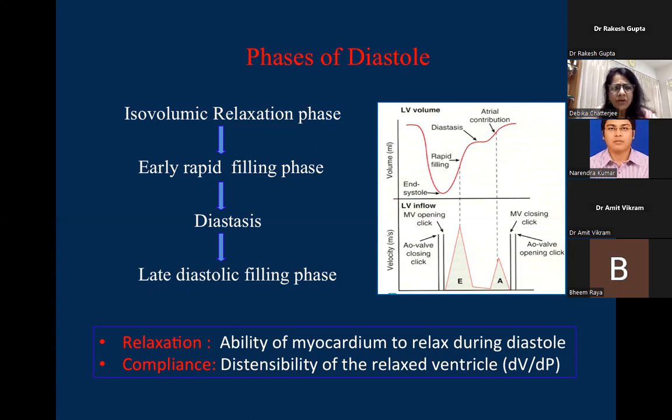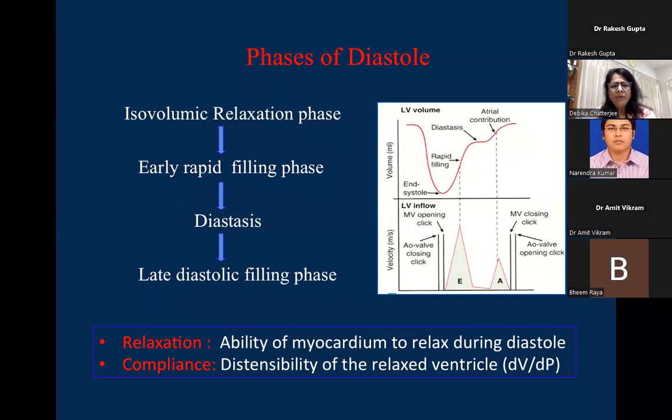So as a result of the myocardial relaxation, the LV pressure falls. And a time comes when the LV pressure is below the LA pressure and the mitral valve opens.